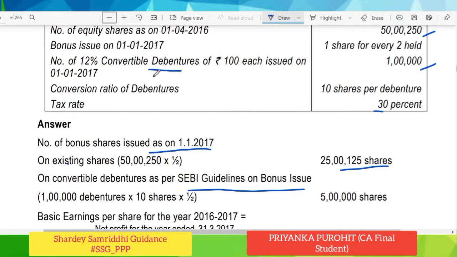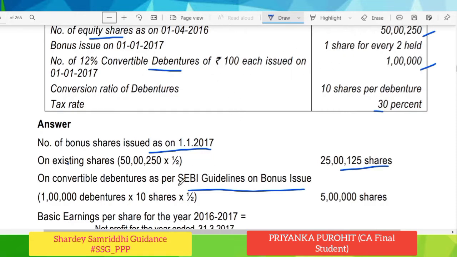Because if we first have equity shares and then we are issuing convertible debentures, then if we don't give them the bonus issue, they will be upset, because the equity shareholders will get the bonus issue, and they will not enter into the convertible debentures.